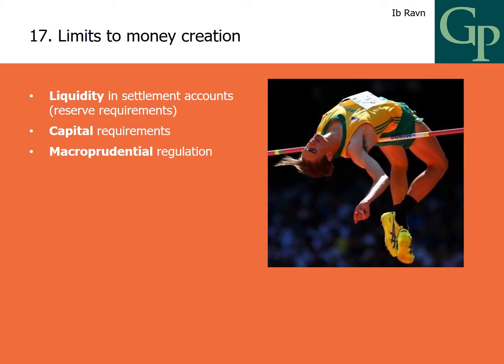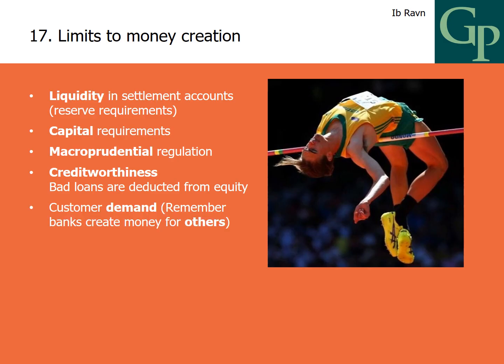Every individual loan applicant must be evaluated as creditworthy by the bank, and many applicants fall by the wayside. Banks don't create money for fun, because if the loan isn't repaid, the amount gets deducted from the bank's equity, its capital. For a bank to produce money, there must be willing borrowers, which also puts a limit on lending or money creation.